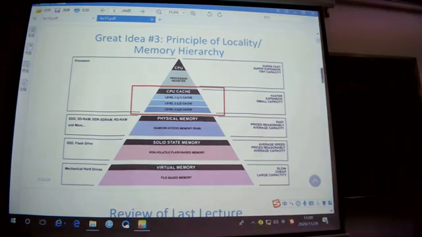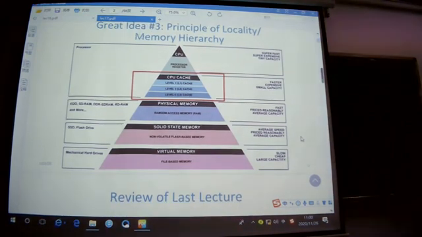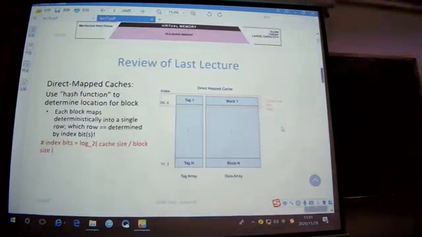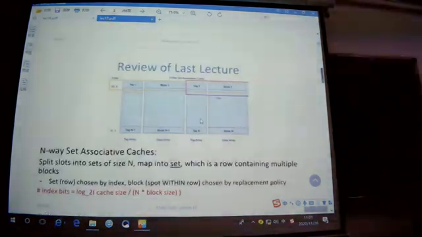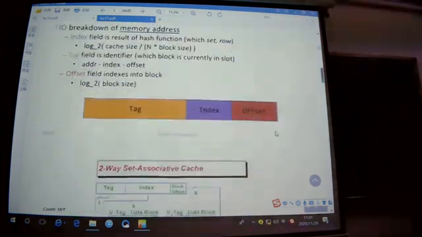So 3-level cache is an effective method for solving the speed problem of cache. Level 1, level 2, and level 3. The fastest is level 1. The slowest is level 3. Level 2 is the intermediate. Okay, this is the review of the last lecture. We can pass.